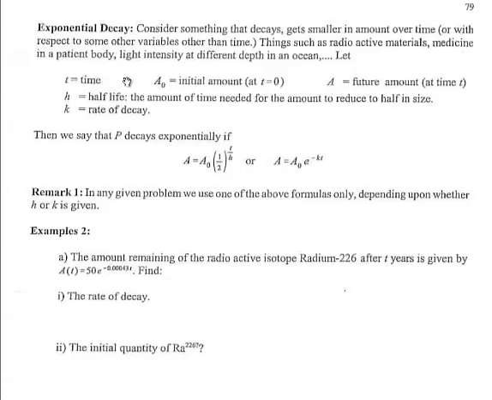The formula is similar in that we have an A at some later time, an initial amount A with a subscript of 0, A naught. We still have our natural exponential function e with an exponent of kt. However, we now have a minus sign in front of our kt. And this causes the amount to start at the initial value A naught and decrease.